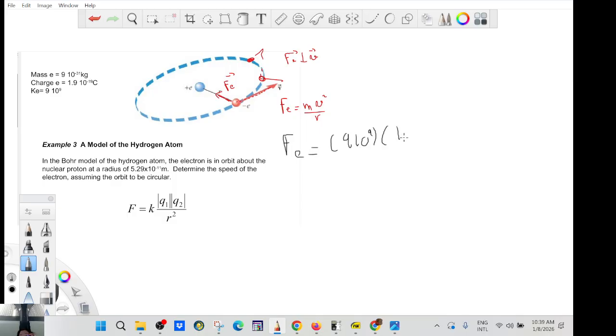The proton has a charge of 1.6 times 10 to the negative 19. And then the electron has the same charge, right? So you square it. And then here you open the parenthesis and you have the distance, but you have to square it. Don't forget to square it.